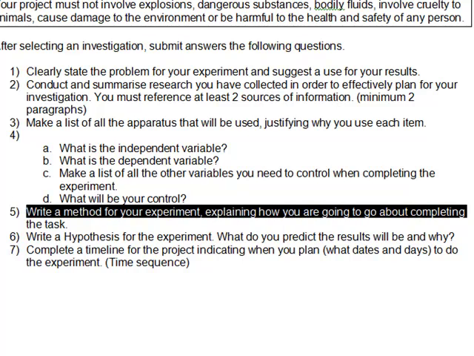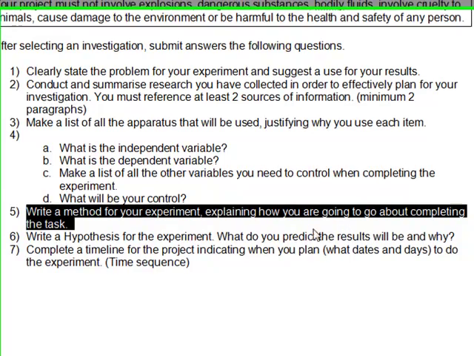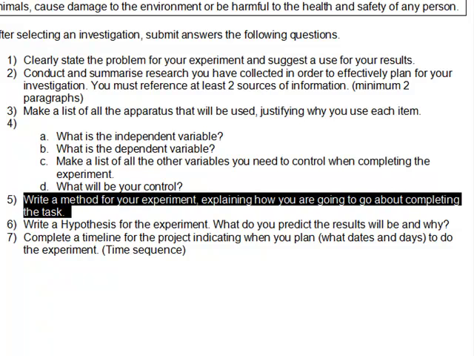Moving on after that, you've got the method, very similar to what we do in class regularly, so just go about writing a method as you would. My only advice there would be that someone needs to be able to copy your experiment exactly. So writing 3 or 4 lines is not going to cut it here. You need to put a lot more detail into it.